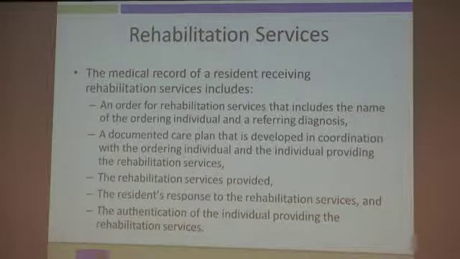The medical record of the resident receiving rehab services must include an order for the rehab services, a documented care plan that is developed and coordinated with the ordering individual, the rehab services provided, the resident's response to the rehab services, and authenticated by the individual providing the rehab services. Okay.